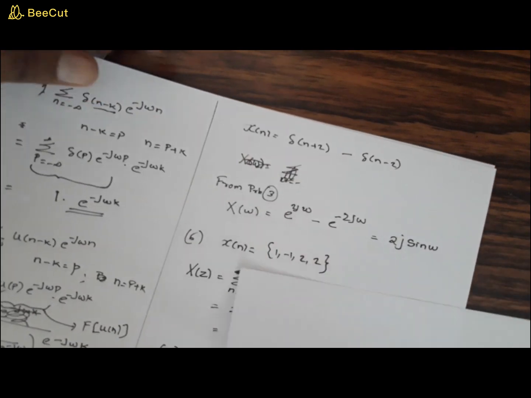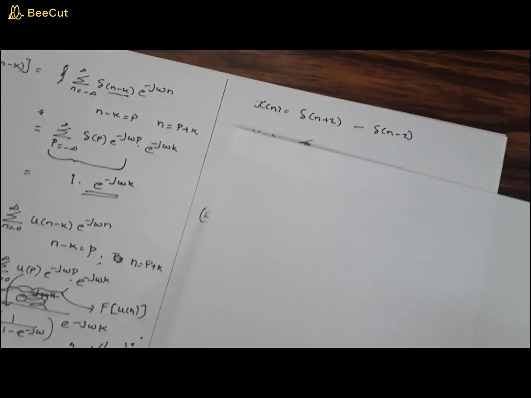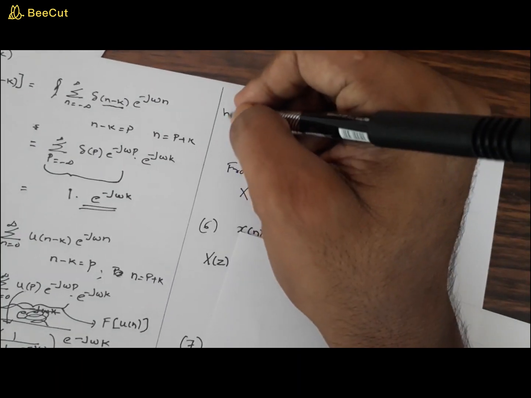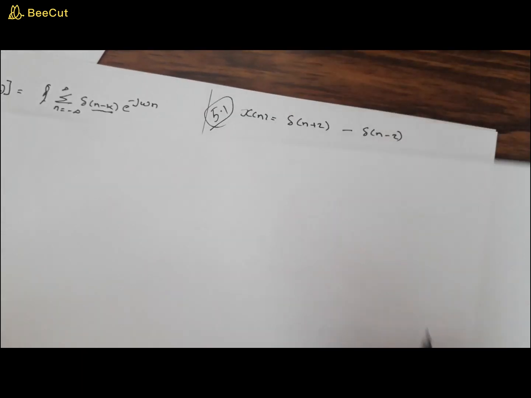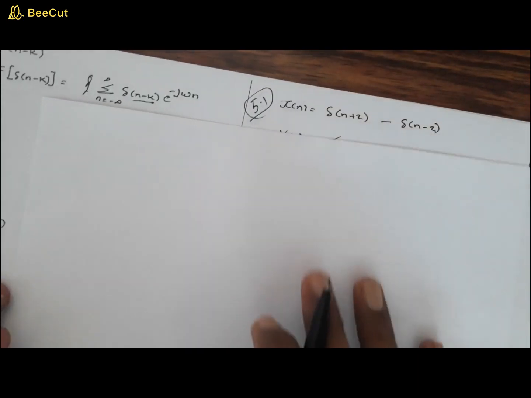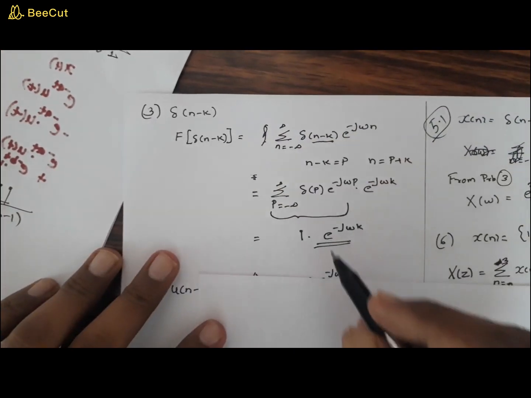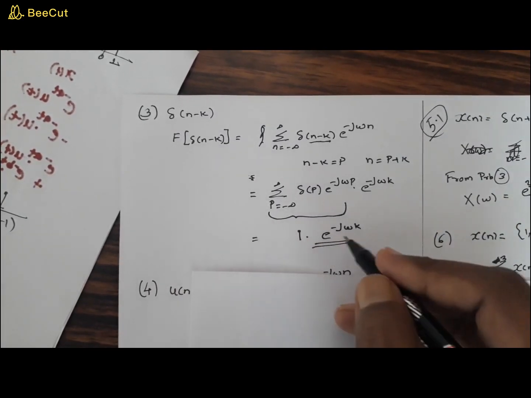Now the next question. There is a change in number, so let's call this 5.1. What about del of n plus 2 minus del of n minus 2? We have already seen what the Fourier transform of del of n minus k is: e raised to minus j omega k.